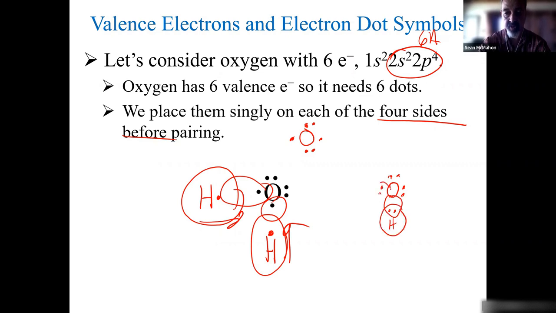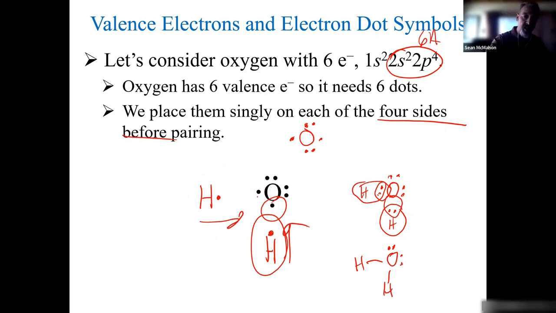This is very crude, but I think it gets the point. And we draw that overlapping region of space now, because as they approach, they can share their electrons, and we draw it as bonds, which we draw as lines. And there's H2O, right?